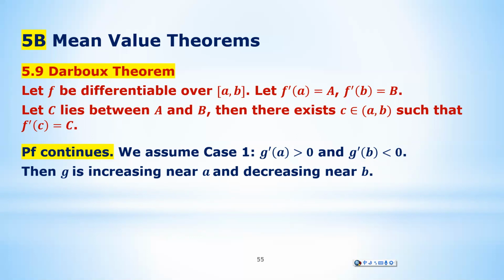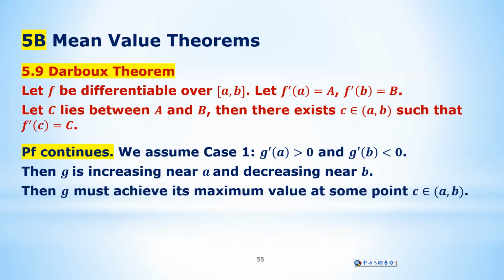Now think about this situation: the function starting from a begins in an increasing mode, and ends at the right endpoint decreasing. So you can see that this function must achieve its maximum value at some point c.